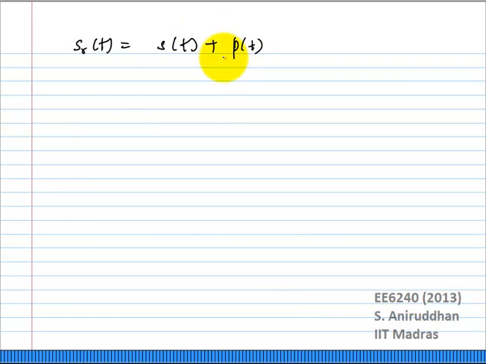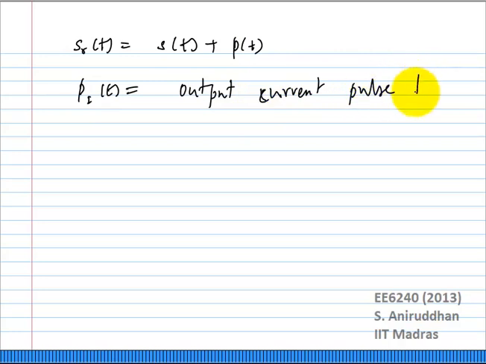What is the height of the pulse train in the current domain? If you look at the differential output current, what is the height of the pulse train? I call that Pi of t, the output current pulse train. What is the height of this?